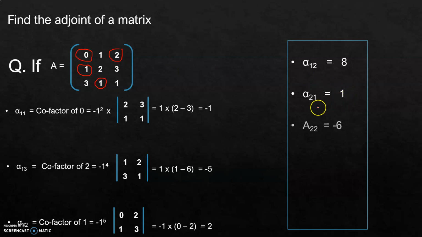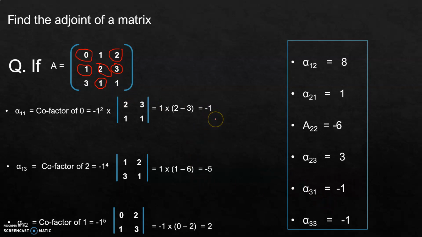The cofactor of 2 2 will be minus 6. Cofactor of 2 3, second row and third column, will be 3. Then 3 1, third row and first column, is minus 1. Then 3 3, third row and third column, is minus 1.